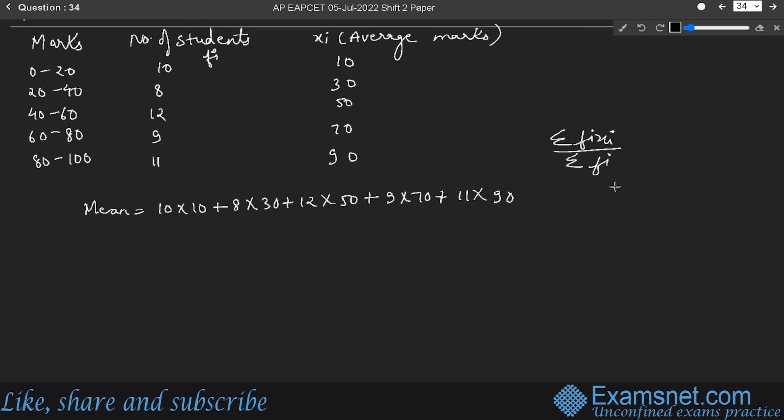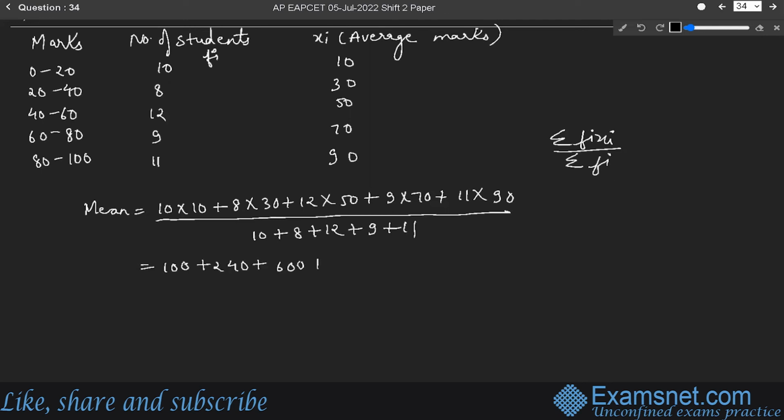So fi into xi and their sum divided by summation of fi. Summation of fi will be 10 plus 8 plus 12 plus 9 plus 11. So it will be equal to 100 plus 240 plus 600 plus 630 plus 990 divided by 50, which will be equal to 2560 divided by 50. 0 and 0 will be cancelled. 256 divided by 5 will be 51.2.